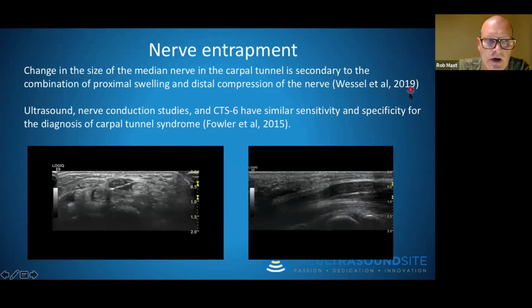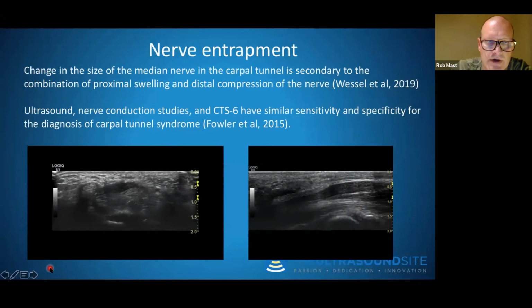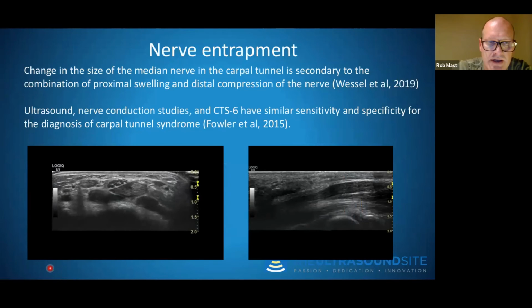Yeah. So we're looking at pathology now, and the median nerve, as I said before, when nerves become compressed, they become hypoechogenic and thickened, and you can really beautifully see it. This is a really nice image actually.